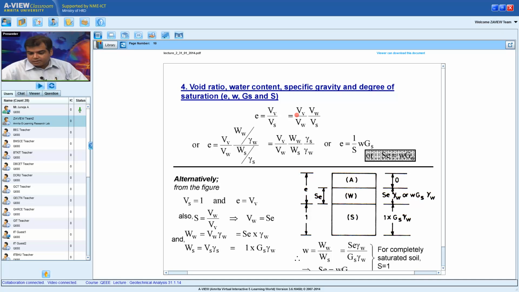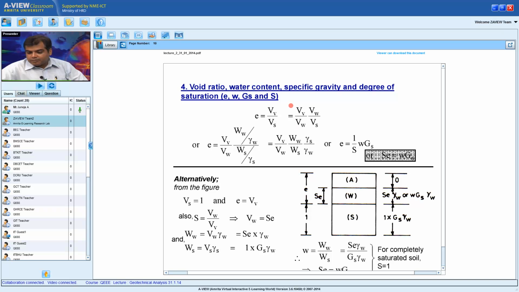If I multiply and divide the numerator and denominator by volume of water, I get the same expression, but now there is a volume of water in the numerator and the volume of water in the denominator. That's over here.